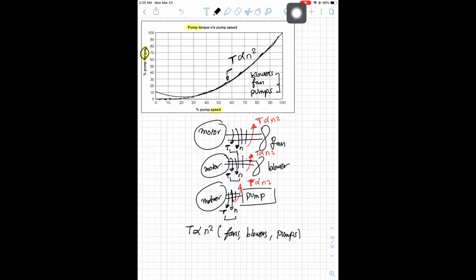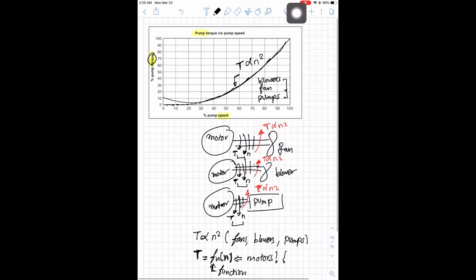But what is the relation between the torque and the speed for motors? The torque is a function of speed, and I use an abbreviation for function. What this function is, is what we will do in the next lecture.